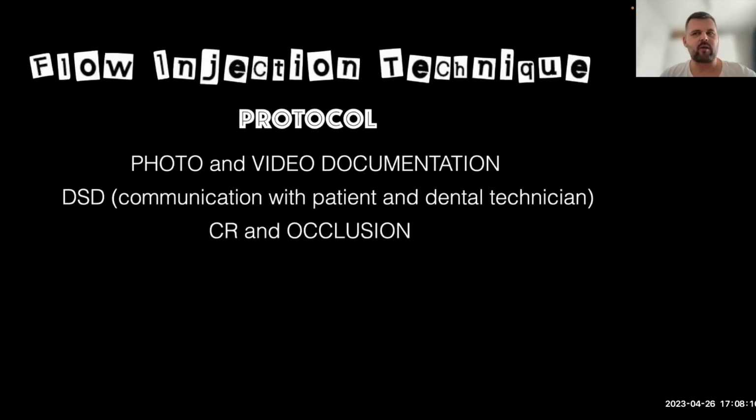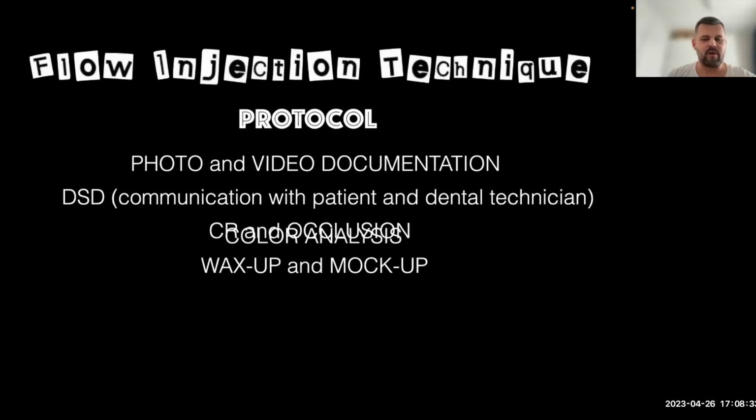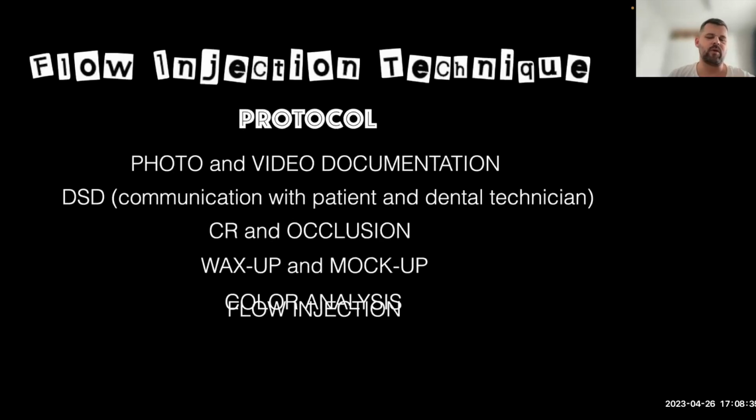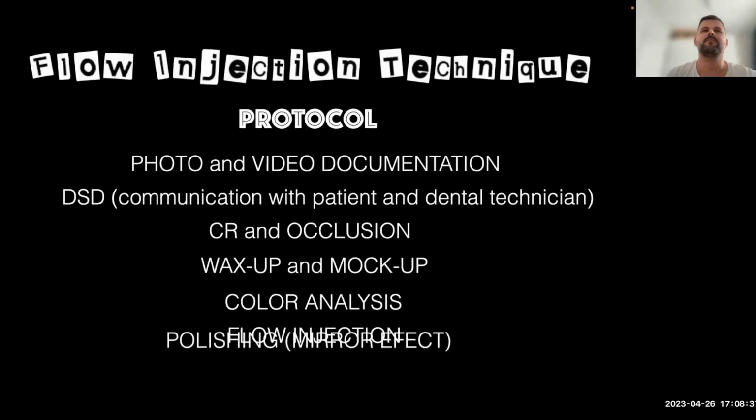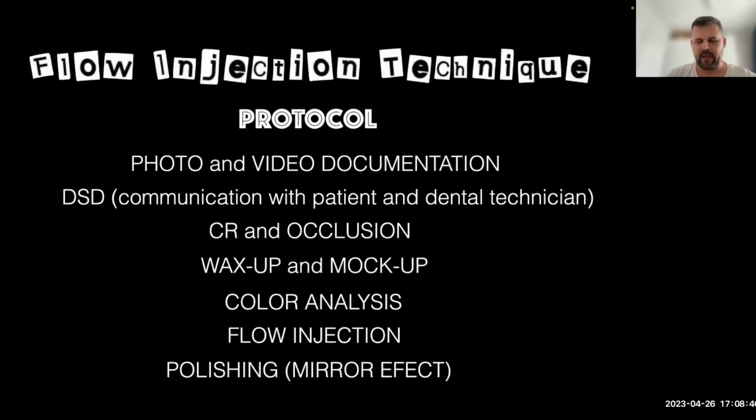And this will be the topic for today, and I will try to explain a little bit how to manage this, because we need to design aesthetics, but we also need to check it will be functional in the mouth. So the next part is the wax-up and mock-up, and now you know that this part is the most important for this technique. Then we have color analysis and flow injection, and the last is polishing, mirror effect.